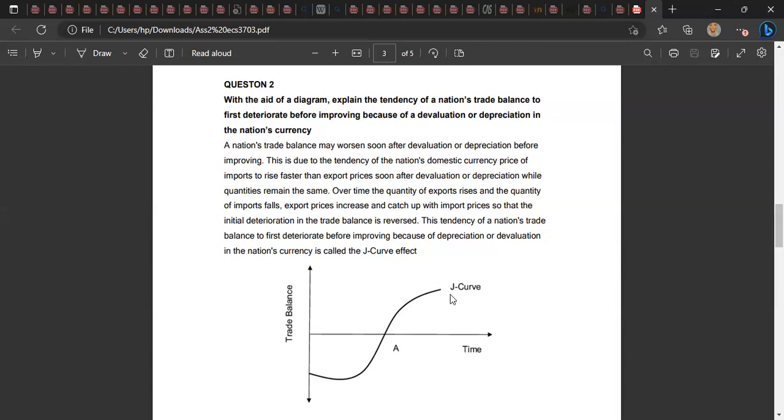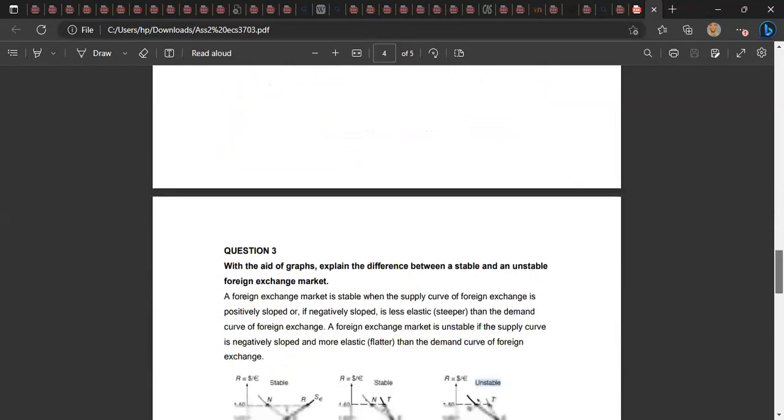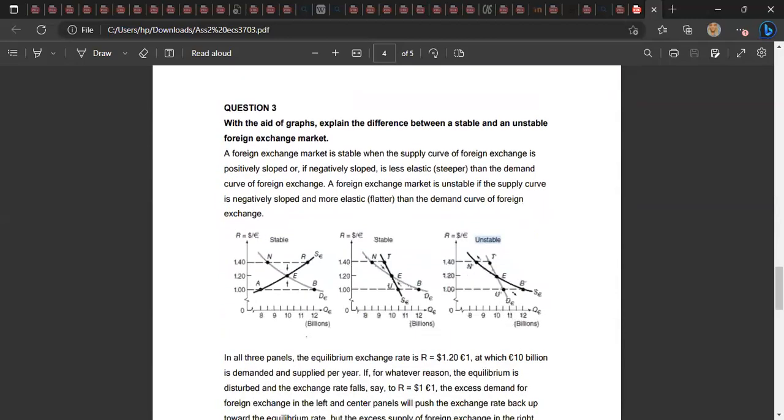You can only buy as much. So you can only improve your trade balance to a trade surplus up to a given limit. You can't keep increasing that forever. So that's what's being explained there.